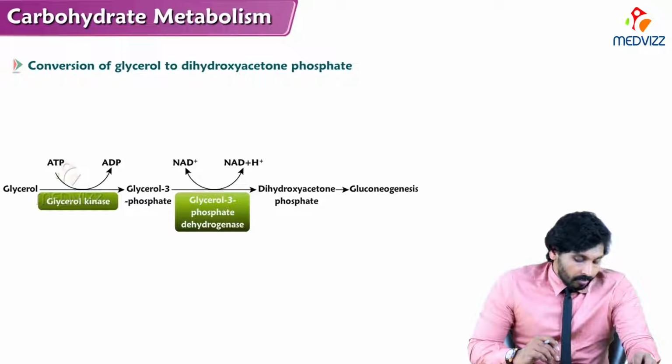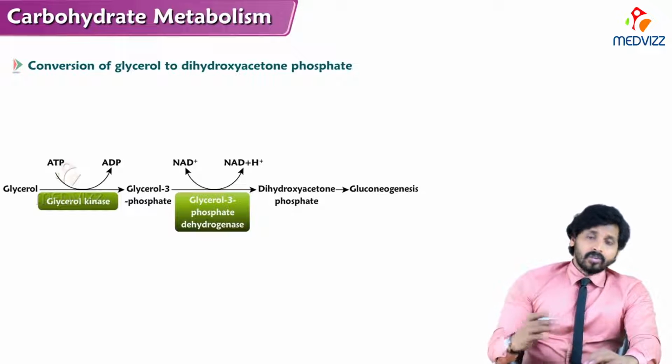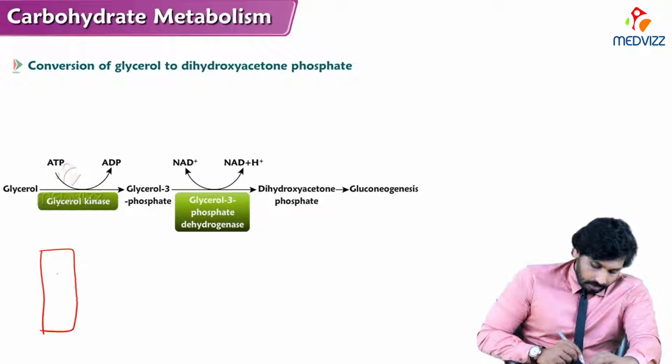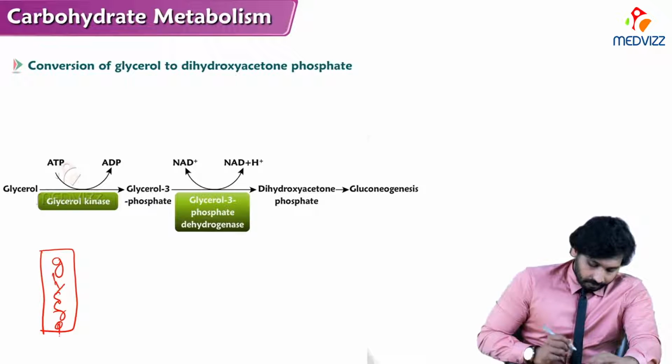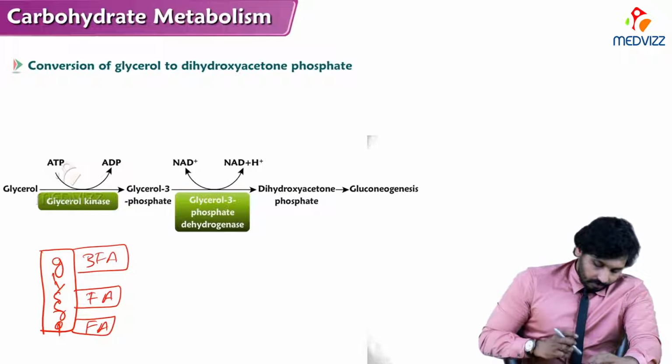Next is the conversion of glycerol to dihydroxyacetone phosphate. So how? As I mentioned, this is glycerol, with 3 fatty acids: first fatty acid, second and third.